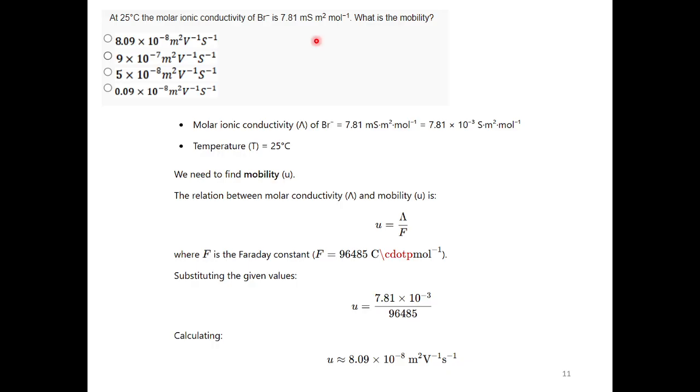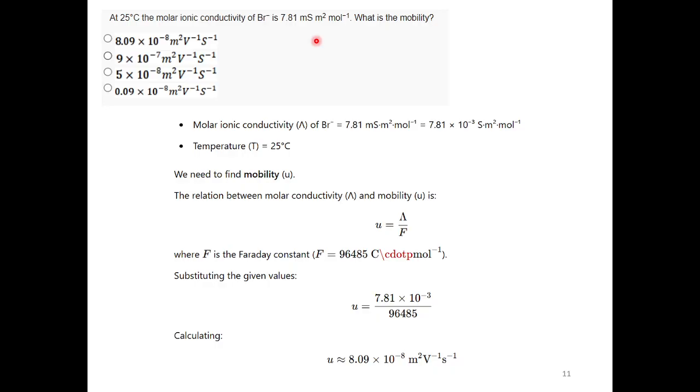At 25 degrees, the molar ionic conductivity of Br minus is 7.81 millisiemens meter square per mole. What is the mobility? To find out the value of mobility.